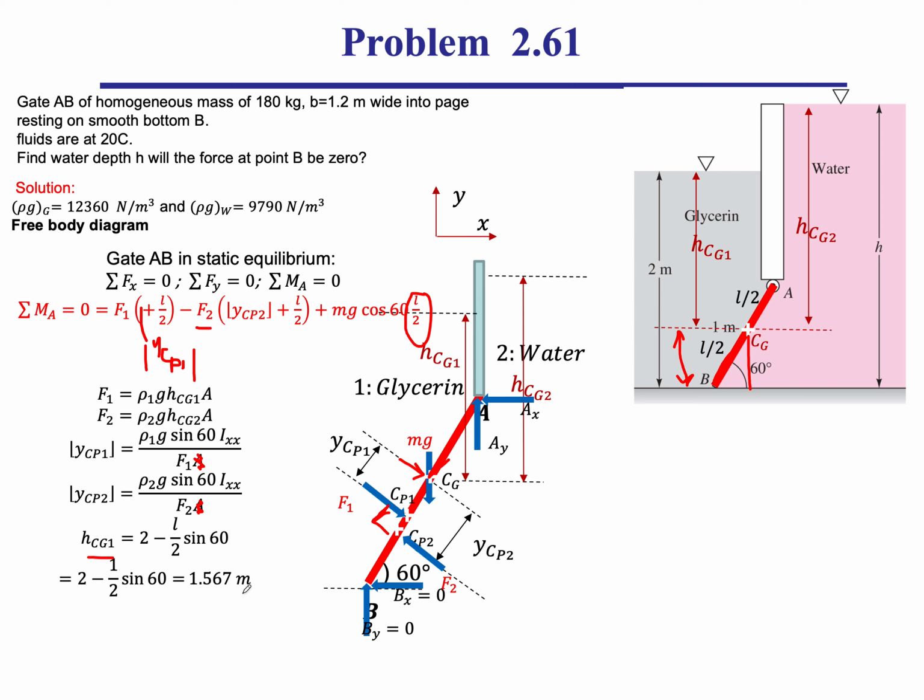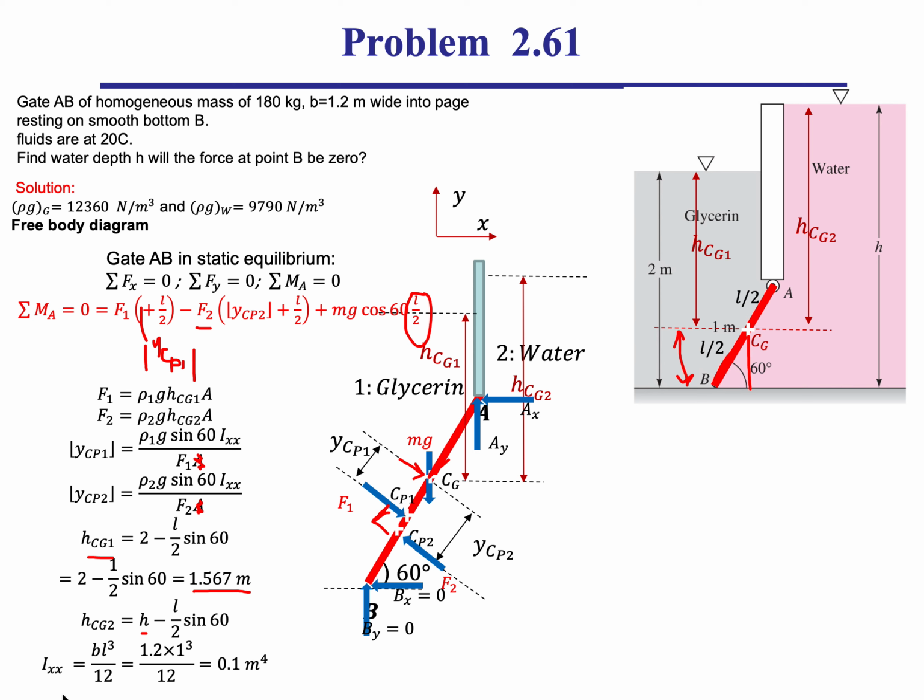So it's submerged under 1.5, 1.6 meters of glycerin, and I can get the HCG2 for the water side, but it's still going to remain in terms of H because H is unknown.